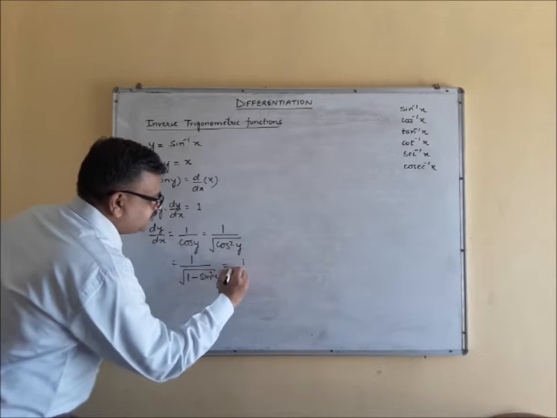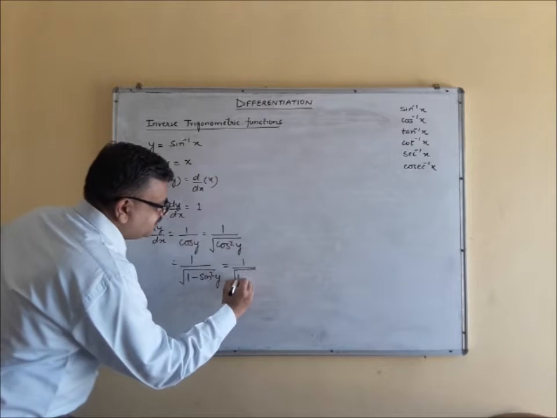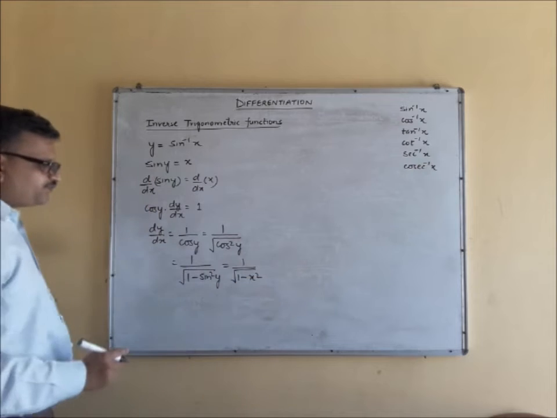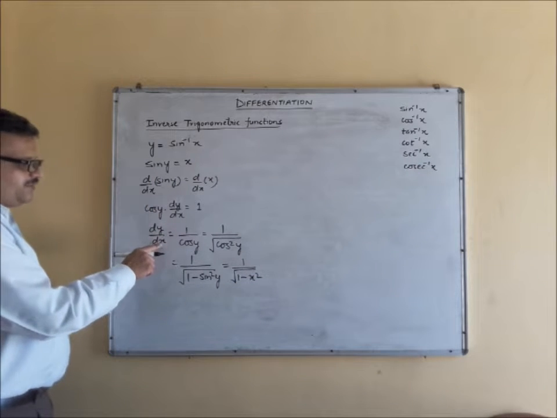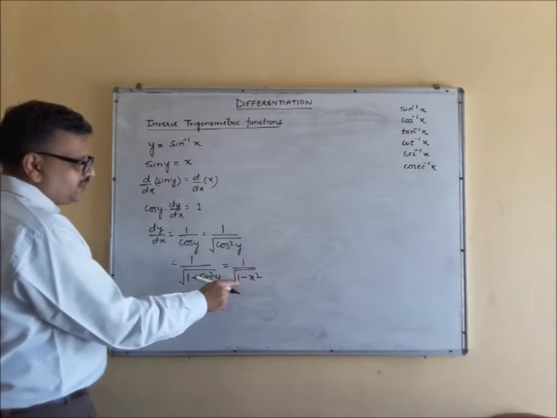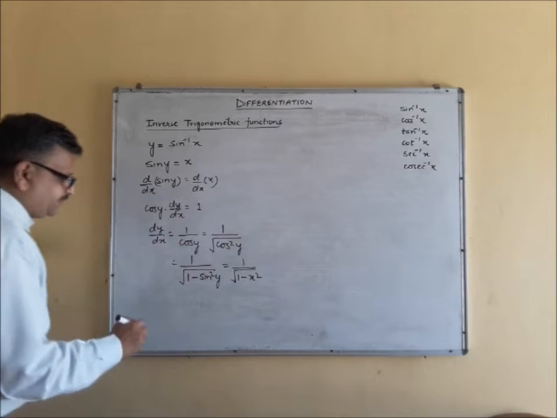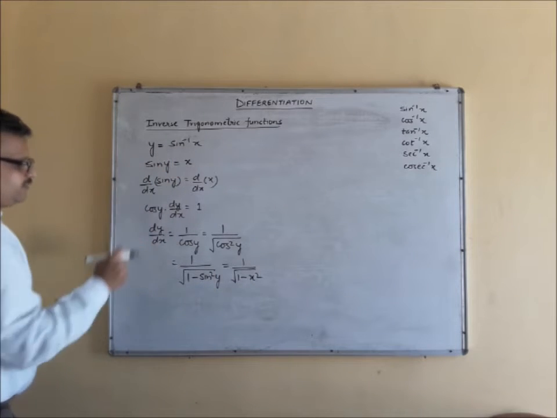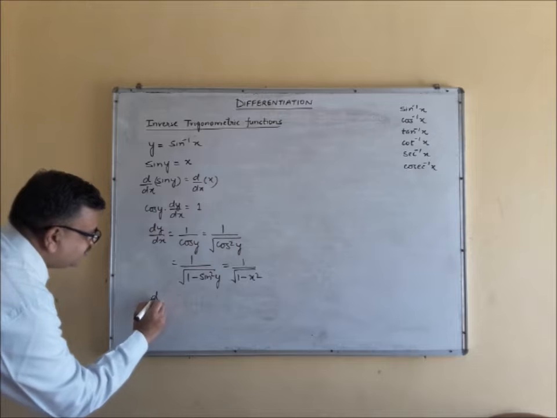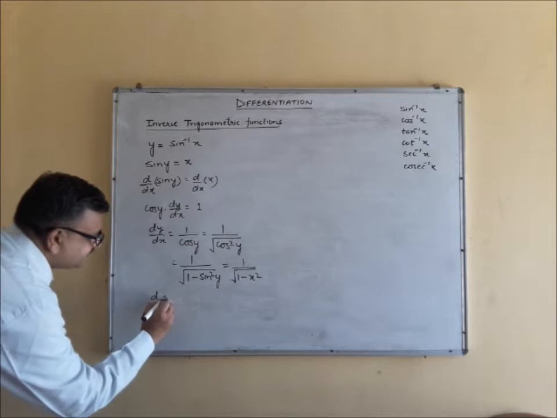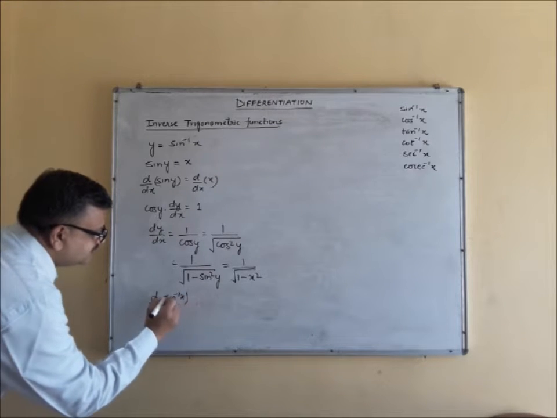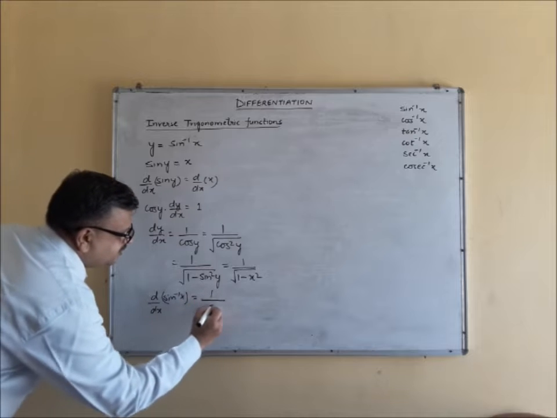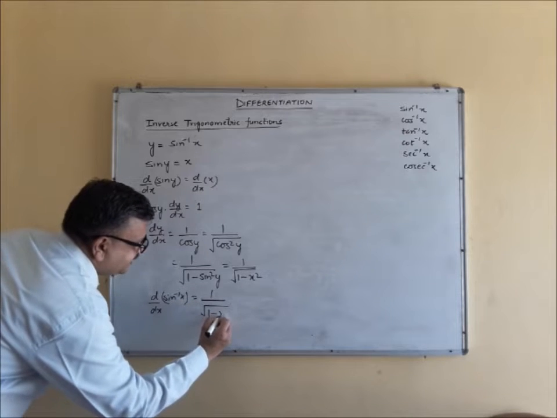So this is equal to 1 upon under root 1 minus x square. So derivative of y with respect to x is 1 upon under root 1 minus x square, and the function y is sine inverse x. So the derivative of sine inverse x is 1 upon under root 1 minus x square.